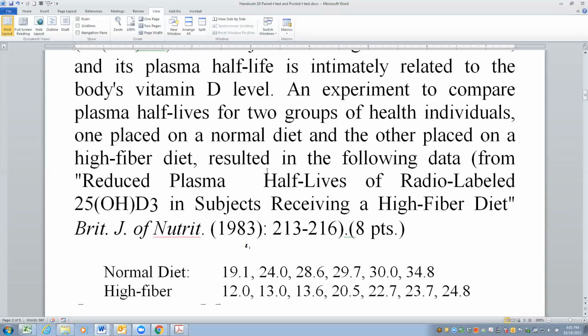I don't have somebody where they followed a normal diet for a while and then a high-fiber diet so that I had 2 measurements from the same individual. I have 2 completely separate groups of individuals. One is on a normal diet, one is on a high-fiber diet. There's no way of matching those up, so these are independent samples.